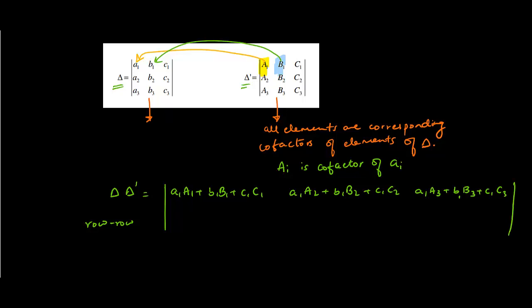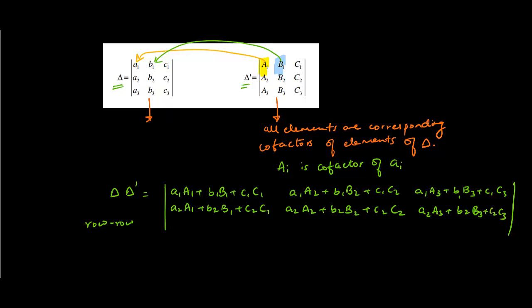Then we start with the second row of the first determinant, so we get a2 capital A1 plus b2 capital B1 plus c2 capital C1. Then you get a2 capital A2 plus b2 capital B2 plus c2 capital C2, and then a2 A3 plus b2 B3 plus c2 C3.